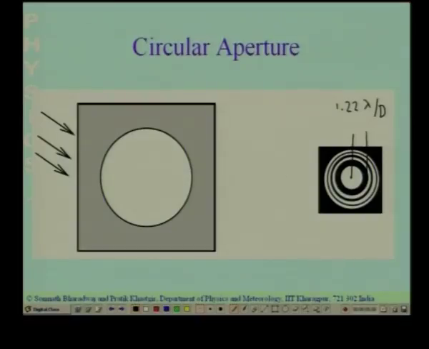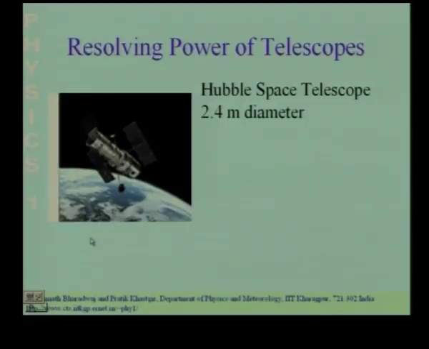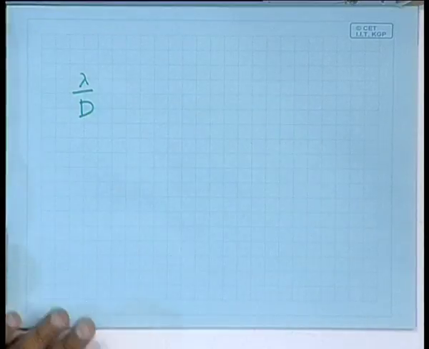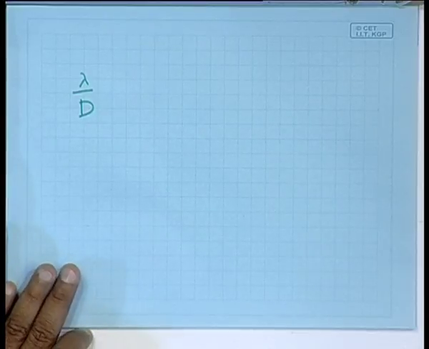So, let us go back to the two telescopes which we had discussed. Let us first calculate the angular resolution for the Hubble Space Telescope. The angular resolution for any optical instrument is of the order of lambda by d, and let us assume that we are using the Hubble telescope to make an optical image.